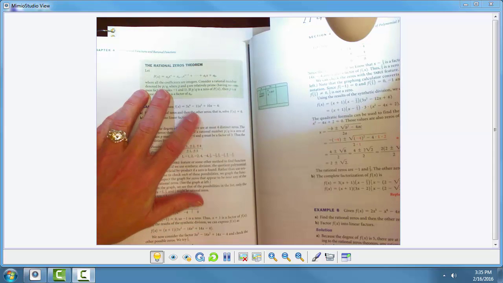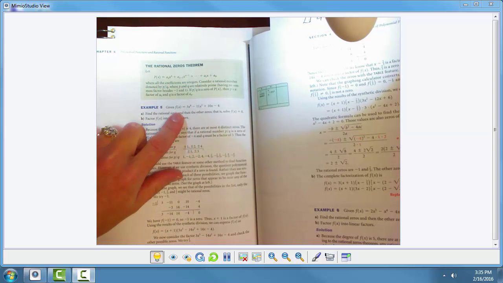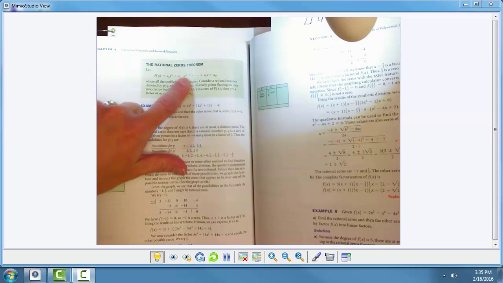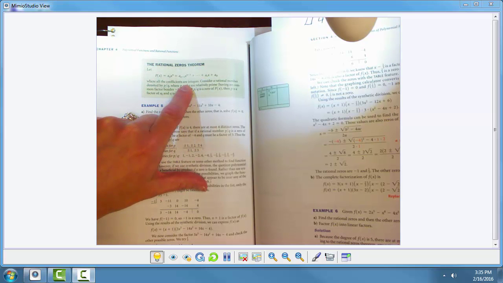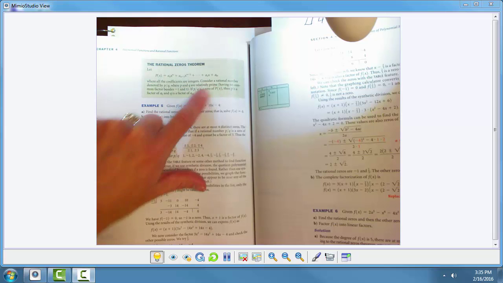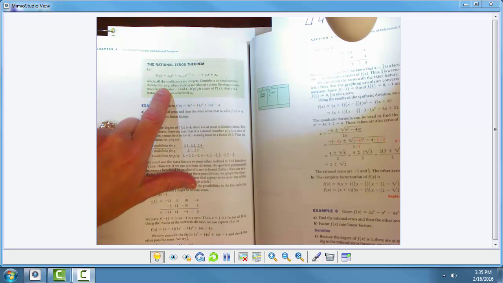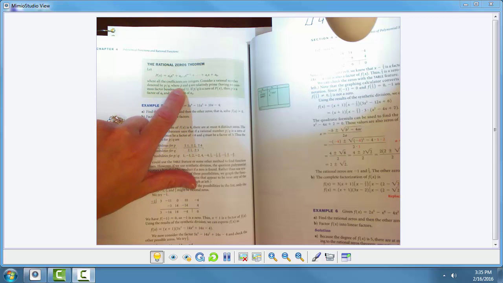On page 338 in your book, you have the rational zeros theorem. Okay, it says you've got this big, long, ugly polynomial where all the coefficients are integers. It says consider a rational number denoted by p over q, where p and q are relatively prime.